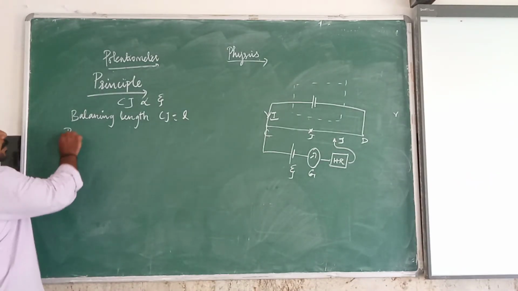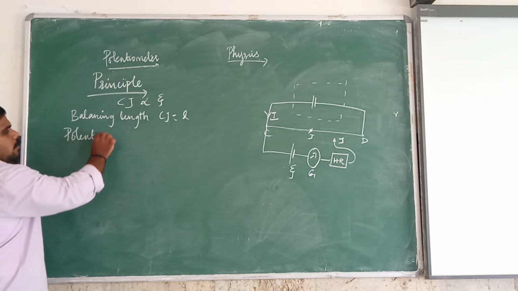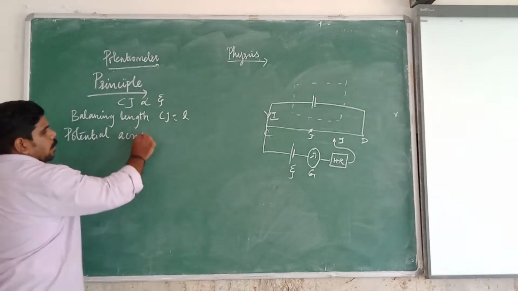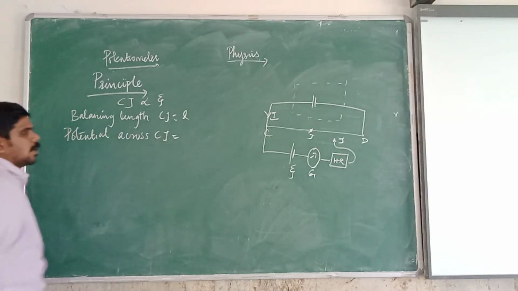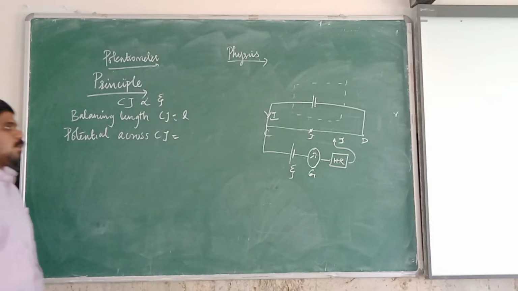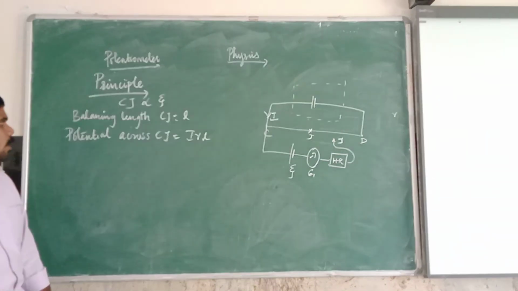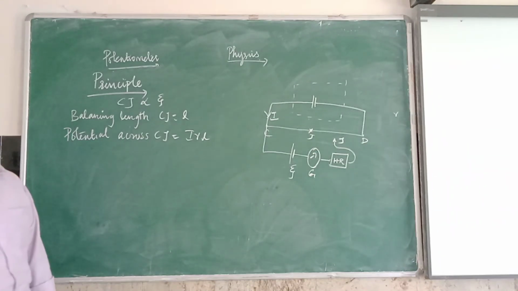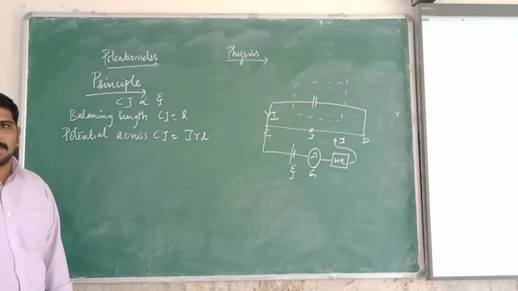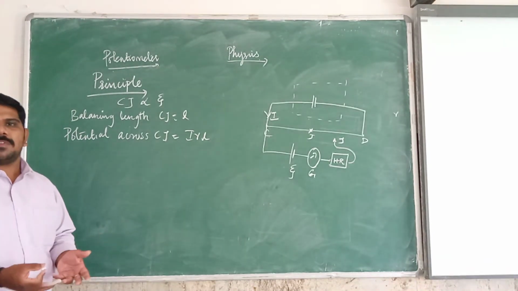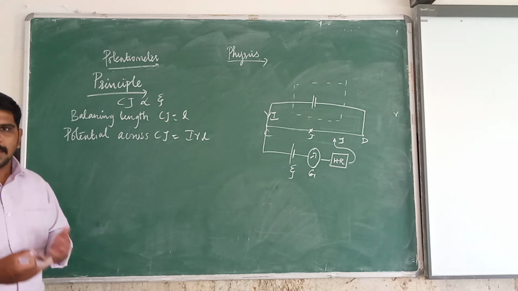So what is the potential difference across CJ? The potential difference across CJ is equal to I R L. So we know that the potential difference across CJ is equal to the EMF of the cell, there will be no current flow in the circuit, so the galvanometer shows zero deflection.